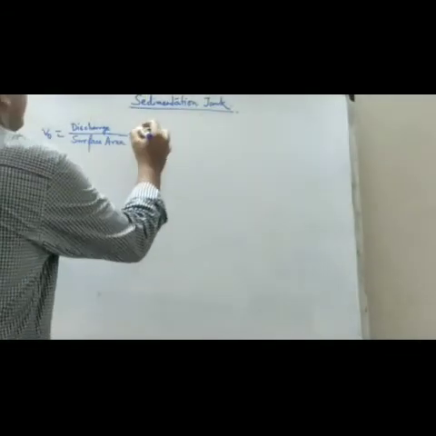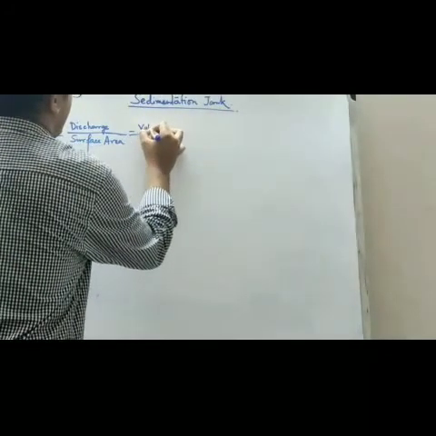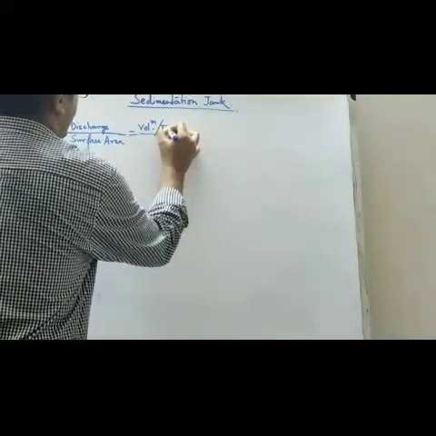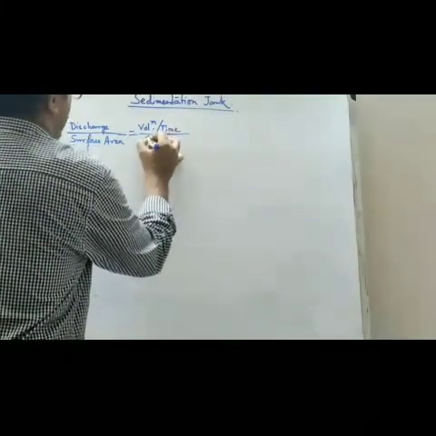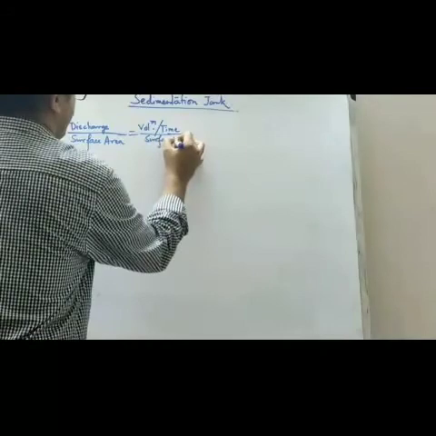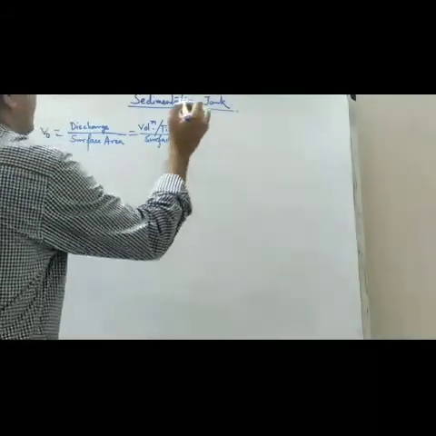Discharge has the unit of volume by time, so we can write volume by time by surface area. Now the volume is the surface area into the depth of the sedimentation tank.